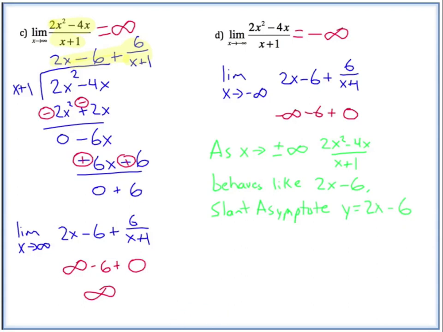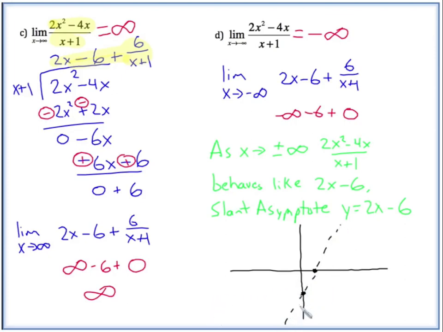So if we were going to draw a graph, we could draw the line 2x minus 6. So let's have this here at negative 6. This will be at 3, 0. And this would actually become an asymptote.